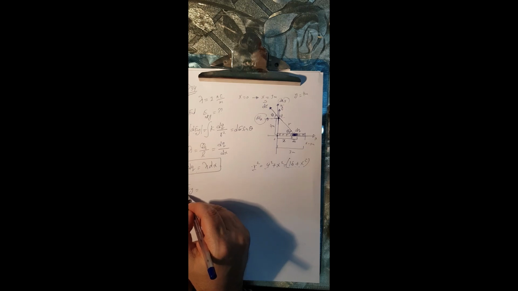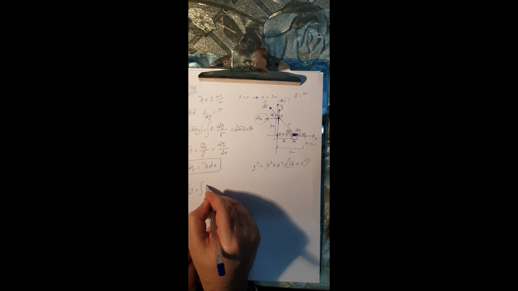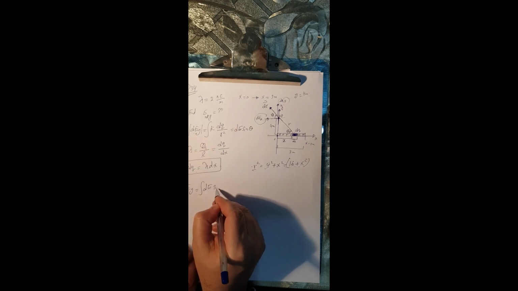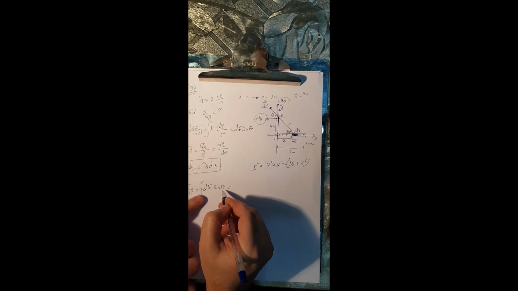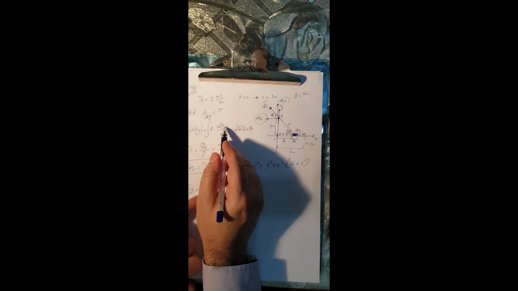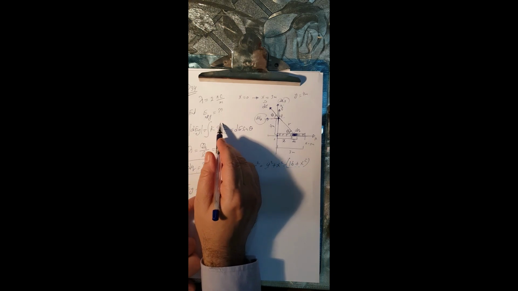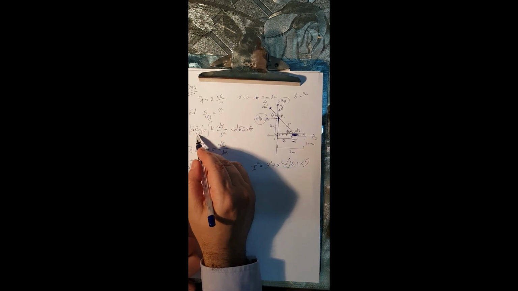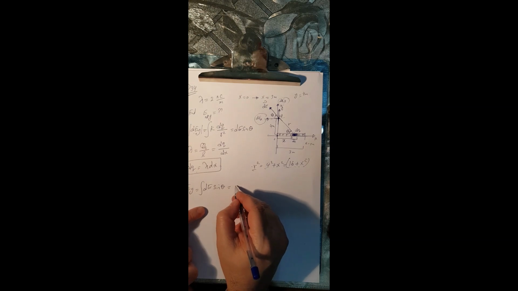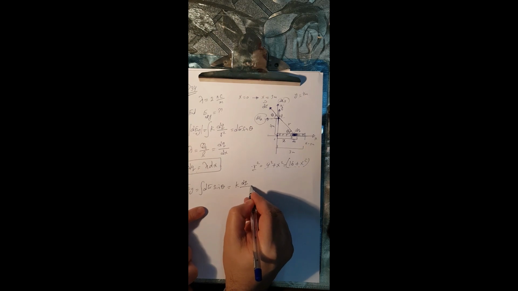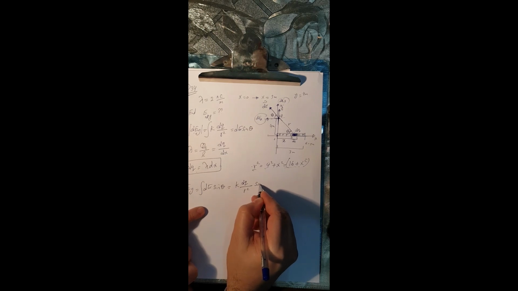So if I want EY, I have to integrate dE sine theta, and dE, we said, is k dq over r square, times sine theta.